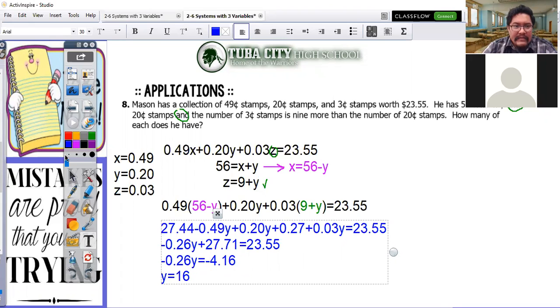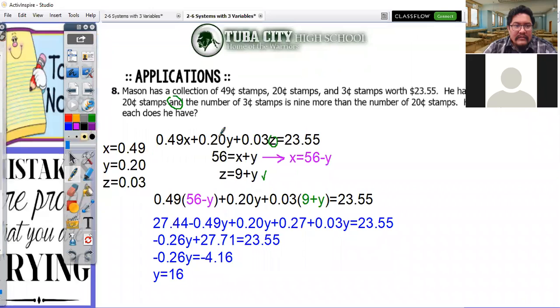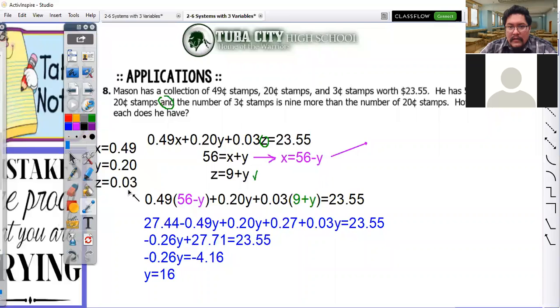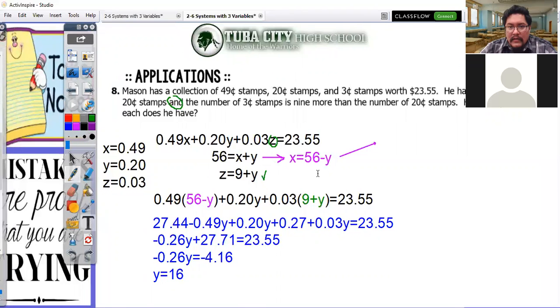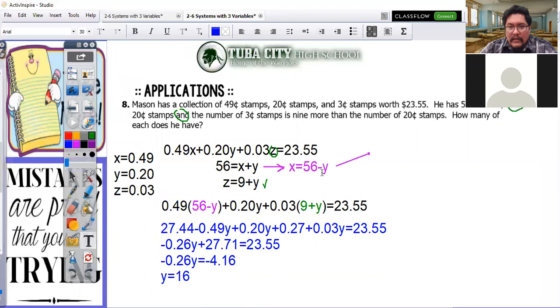So next thing we need to do is take one of these equations, and I can use the original in this case. This is a good idea to use the original because, look at that, we already have y by itself, and x is already by itself.